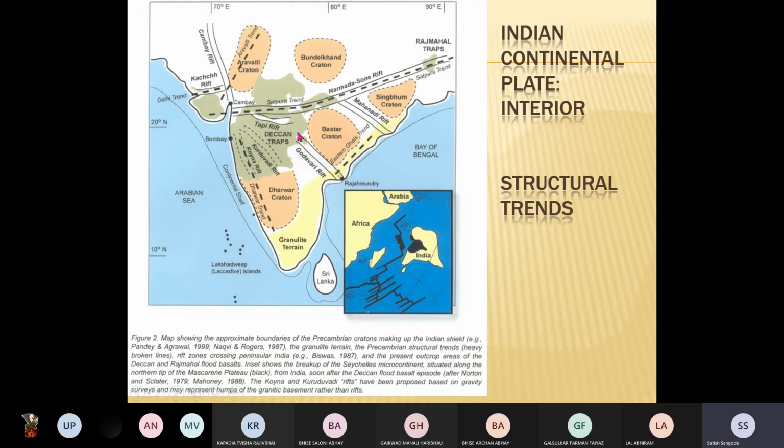Dharwar and Bastar Cratons are separated by the Godavari Rift. Now there is some vagueness about how the Godavari Rift can be the distinction between the Dharwar Craton and Bastar Craton, which I will come to later, because the Godavari Rift is not Archean, it developed in the Proterozoic.